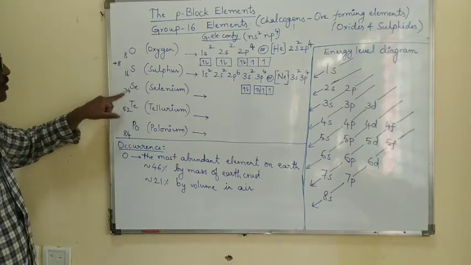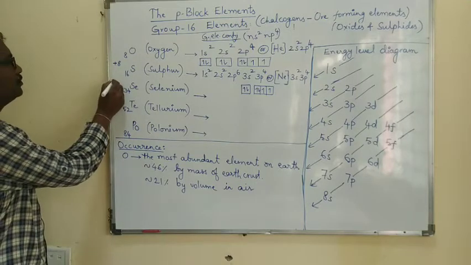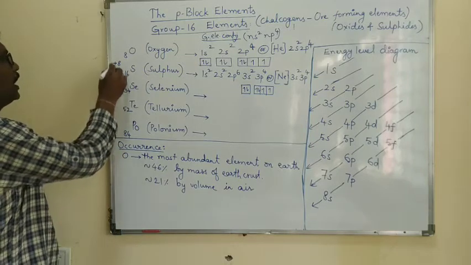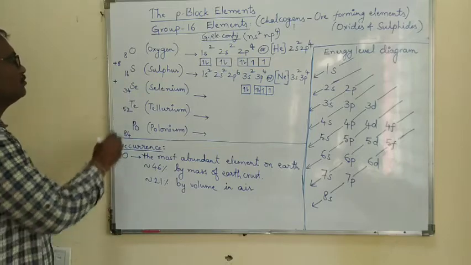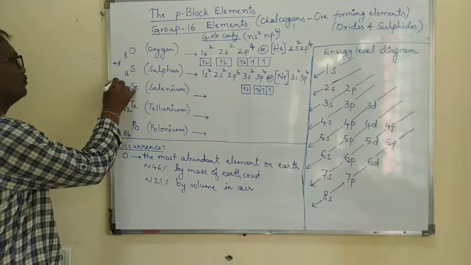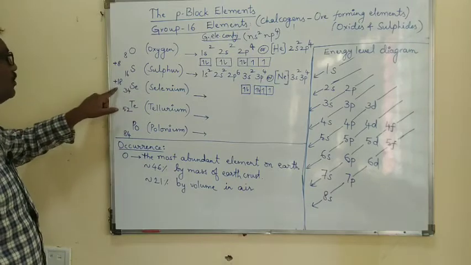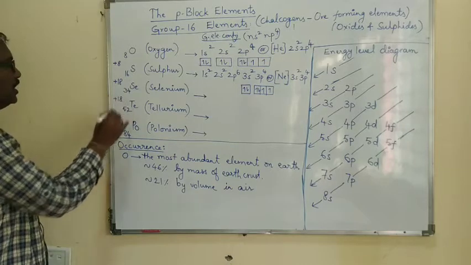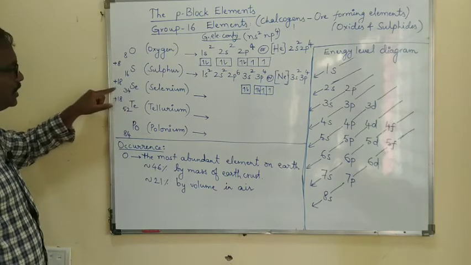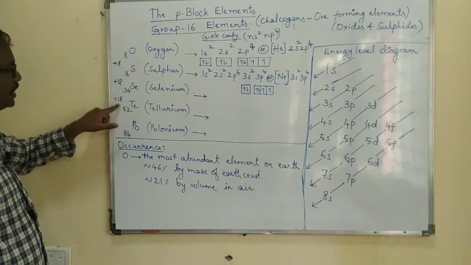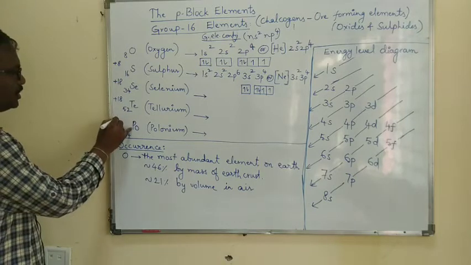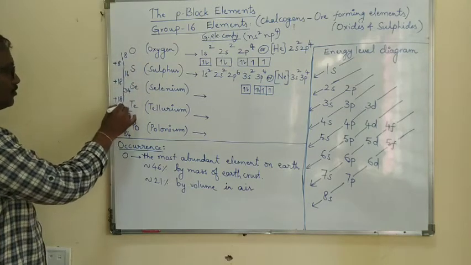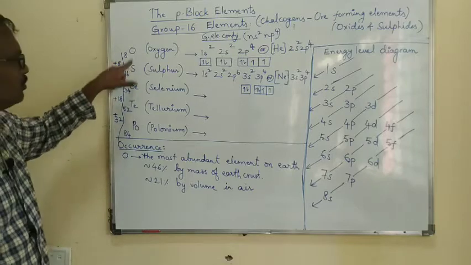Right. So what you have to add? 8, 18, 16 plus 18, 34, right, plus 18, then 8, 18, 18, 34 plus 18, 52, then add 32, to get the atomic numbers of these elements.